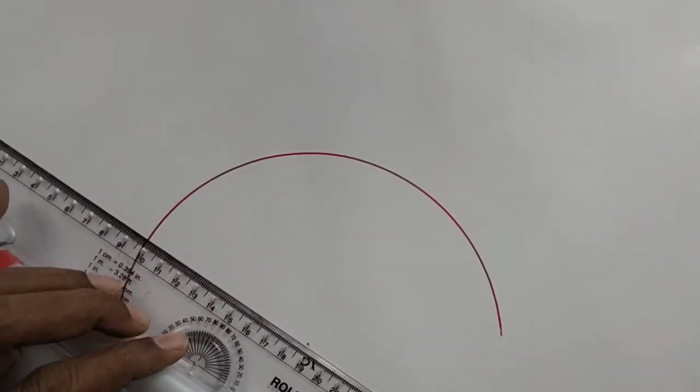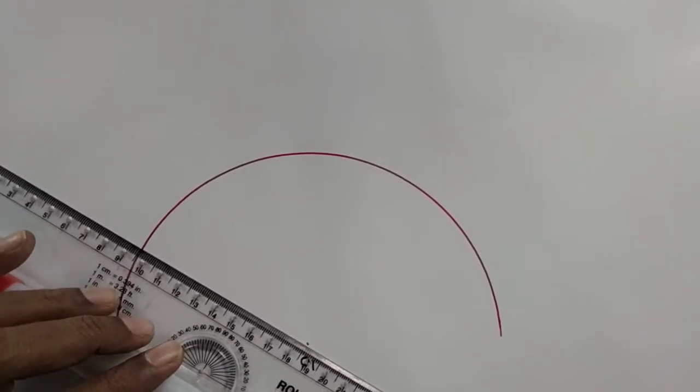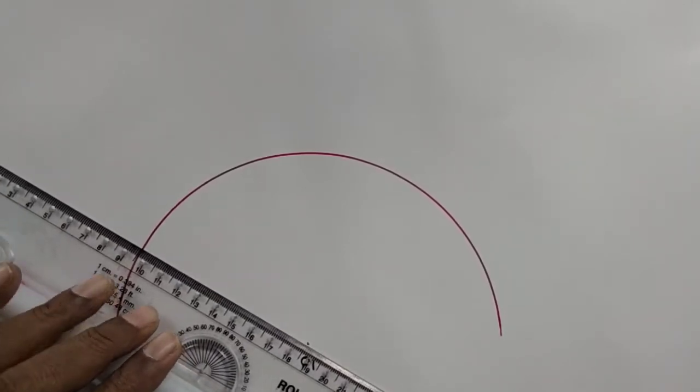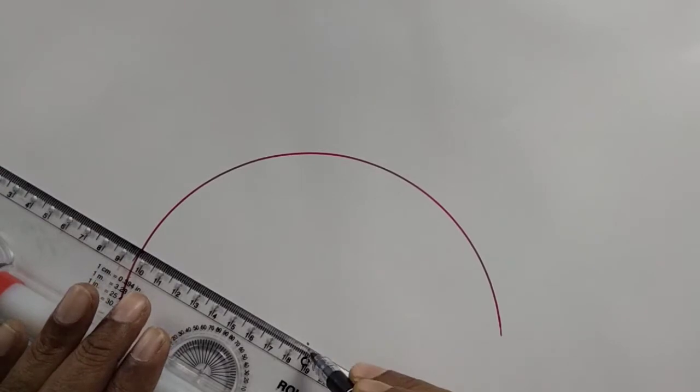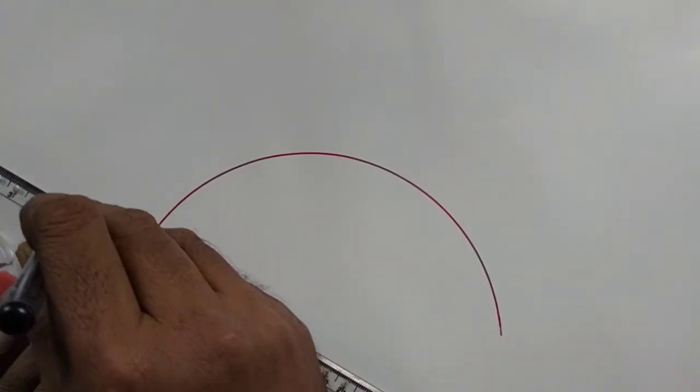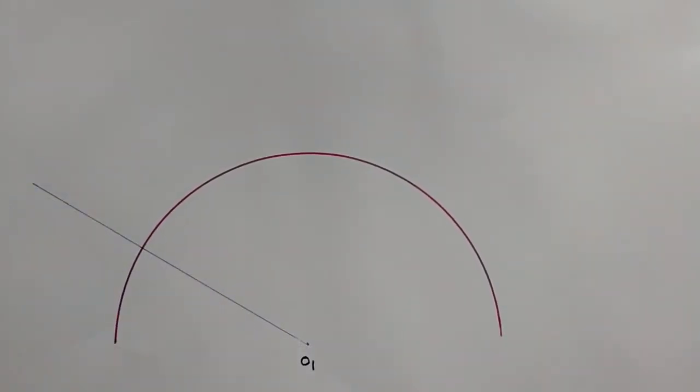Then we arrange our rolling circle, which rolls outside of the directing circle, and the rolling circle radius is 30 mm.